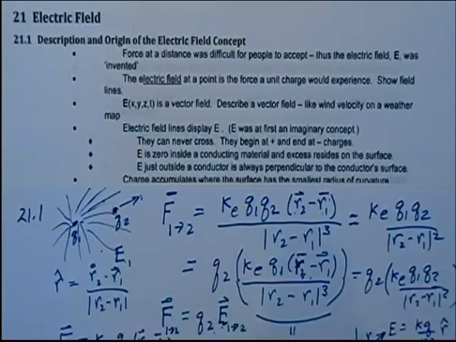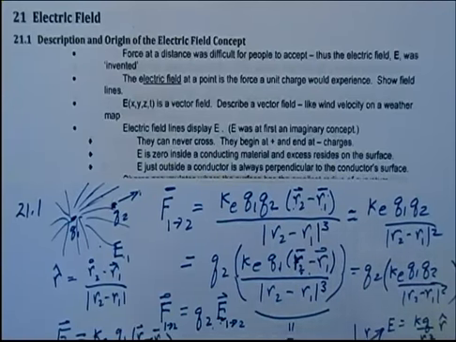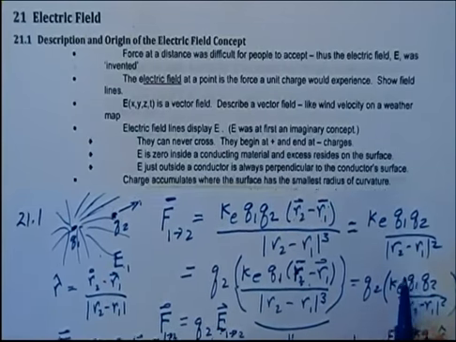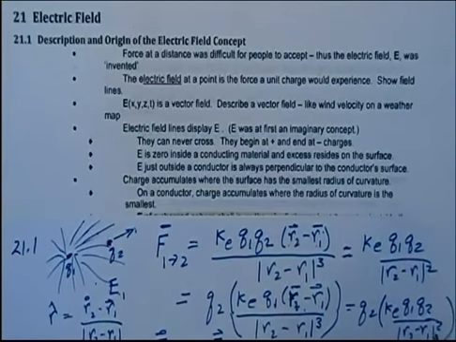E equals 0 inside, because otherwise it would take some of those electrons or protons and push them toward the sides, and therefore the electric field is always 0 inside if it's a conductor, and E outside a conductor is always perpendicular to the surface. And that's an interesting point.